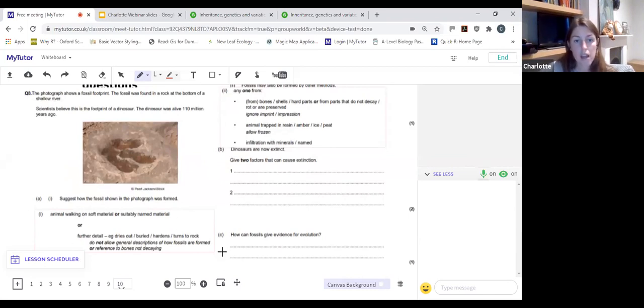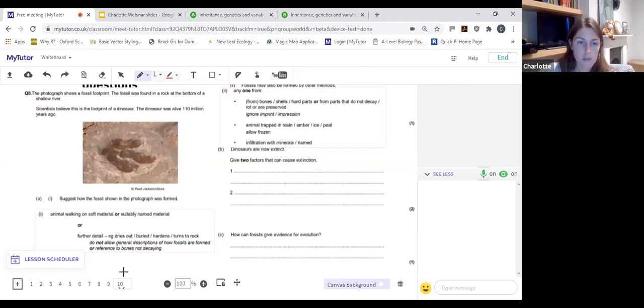So that comes into play straight away in this A part 1, because shallow river was supposed to give us a bit of a hint that the bottom of it might be shallow enough to walk in and therefore quite muddy. So they might leave a trace in the bottom there. Or further detail, e.g. dries out, buried, hardens, or turns to rock. So a pretty wide set of phrases would be acceptable for that question there.